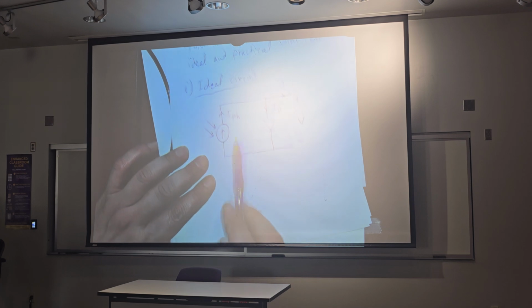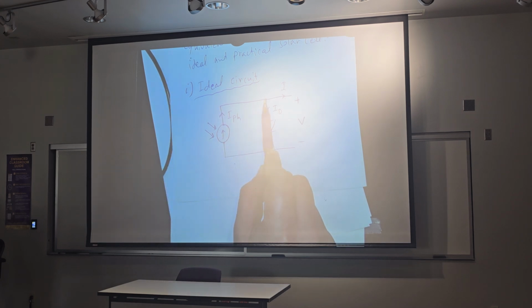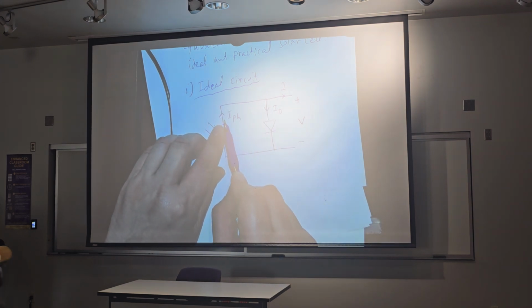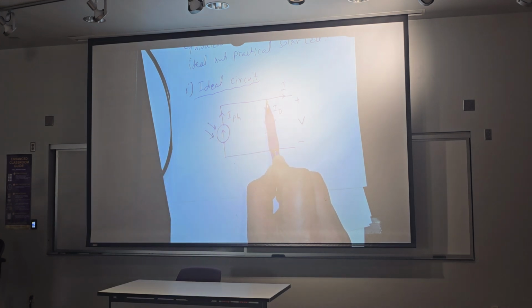So now, I photon or I pH, according to Kirchhoff's current law, the first law, Kirchhoff's current law supposes the entering current at the point equals the leaving current.